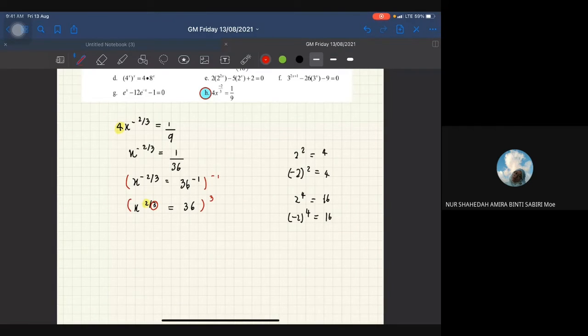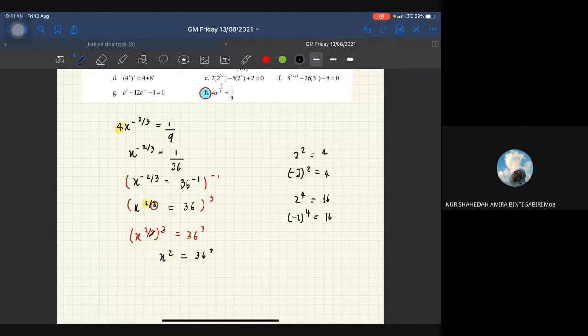Macam ni. Okay, boleh kah? So bila saya darab masuk, yang ini akan jadi x kuasa 2/3, kuasa 3. This one akan jadi 36 to the power of 3. Okay, so yang right hand side ni akan cancel out lah. So you will have just x square equal to 36 to the power of 3.